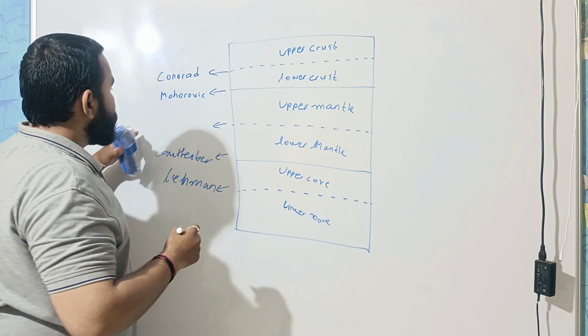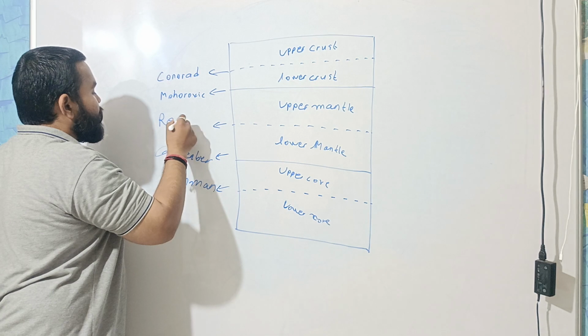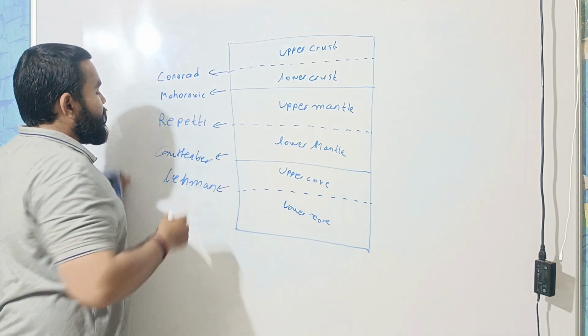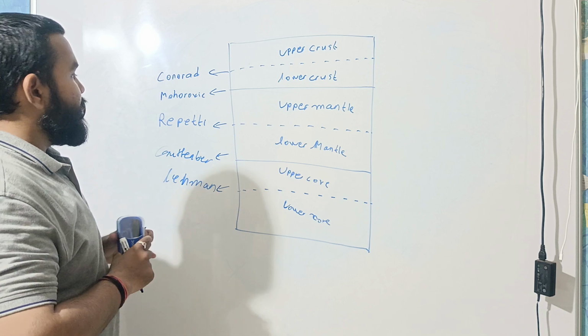And the middle one is Conrad, Repetti. The middle one is Repetti. So these 5 awkward names are there, and you have to remember these 5 names.